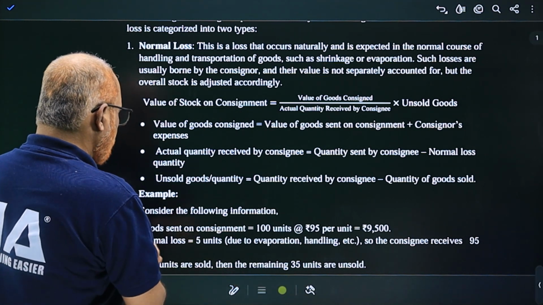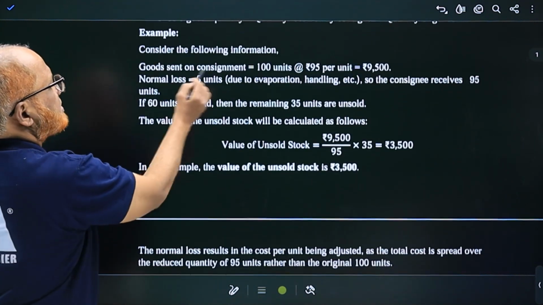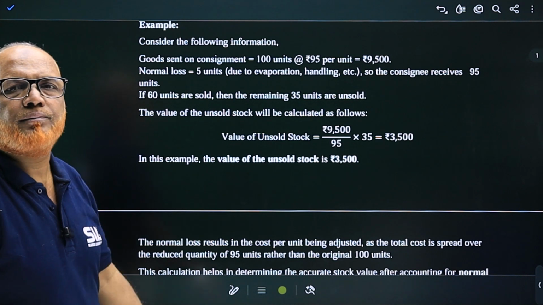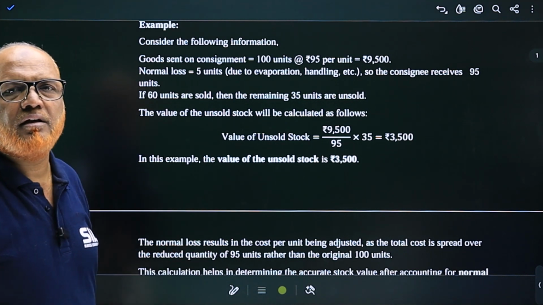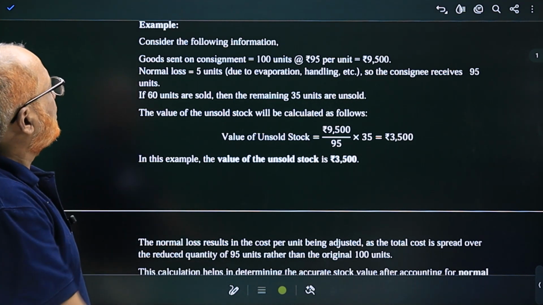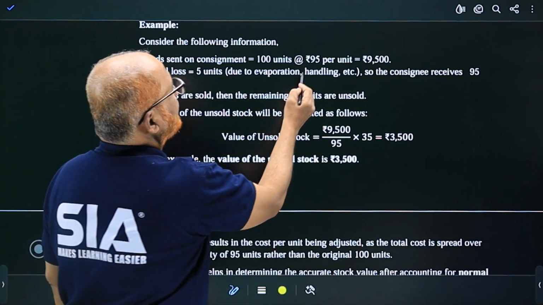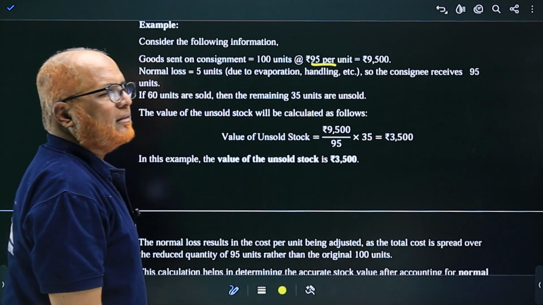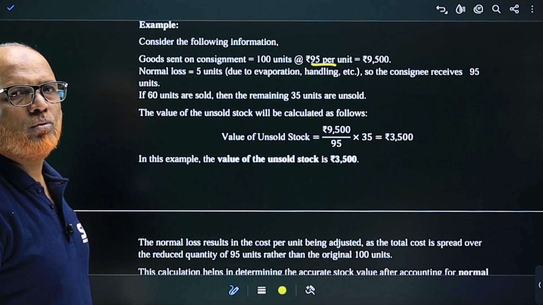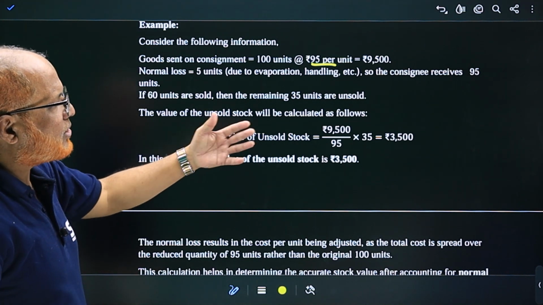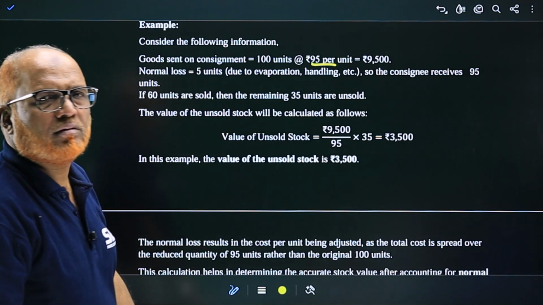One example is also given. Consider the following information. By understanding this example, the concept will be clear regarding normal loss. The goods sent on consignment are 100 units at 95 per unit. So 9,500 is the cost price of goods sent. Normal loss is 5 units due to evaporation, handling, etc. So the consignee receives only 95 units.